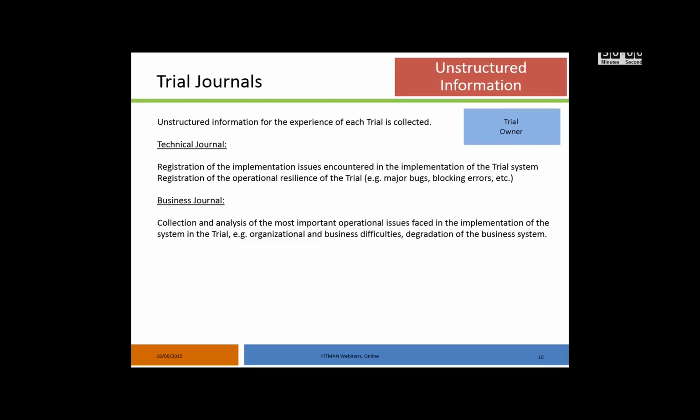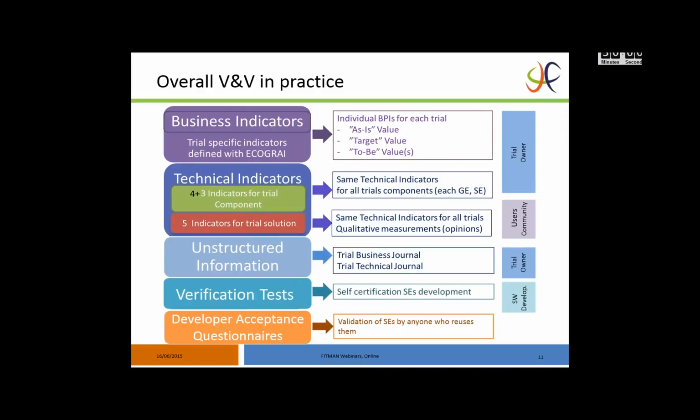Some other ways to collect feedback during the V&V activities were the trial journals. The trial journals allowed us to gather unstructured information for the experience of each trial, both from a technical and a business perspective.